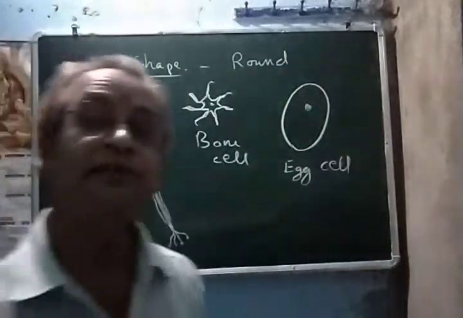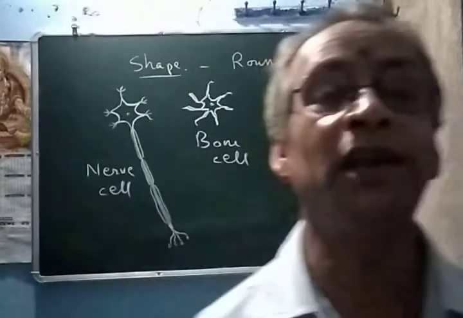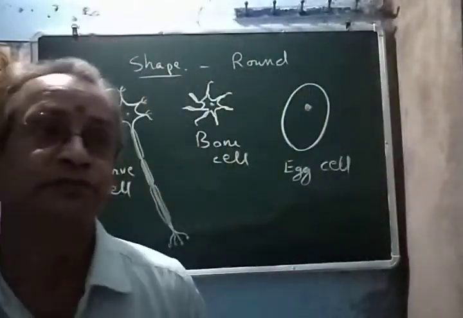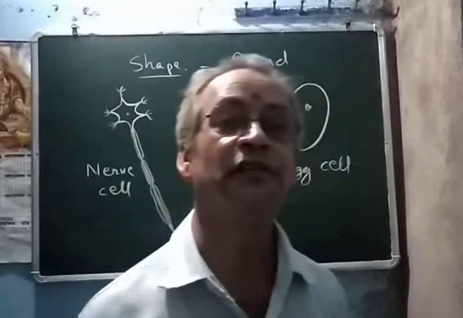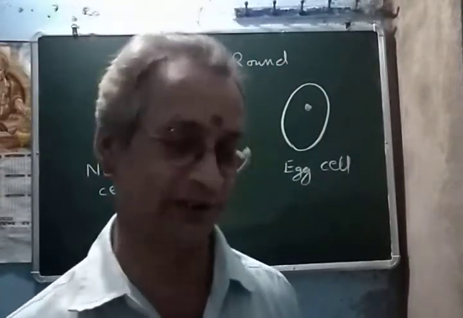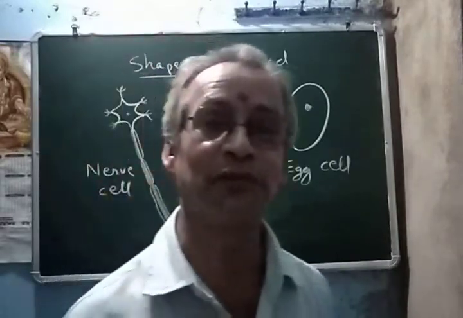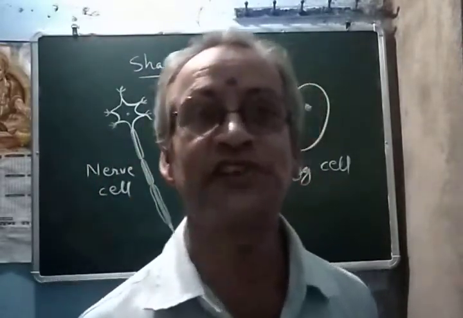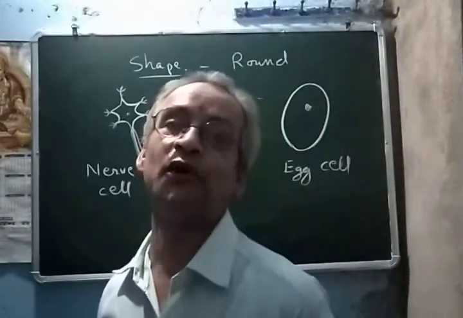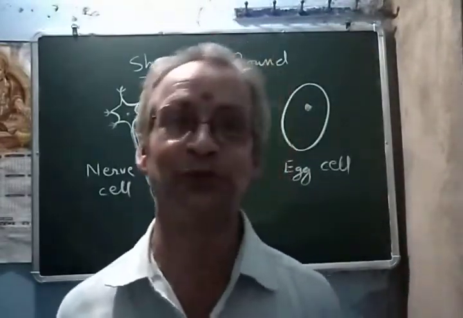But generally, commonly, the size of cells is microscopic. Microscopic means which can be seen with the help of a microscope.